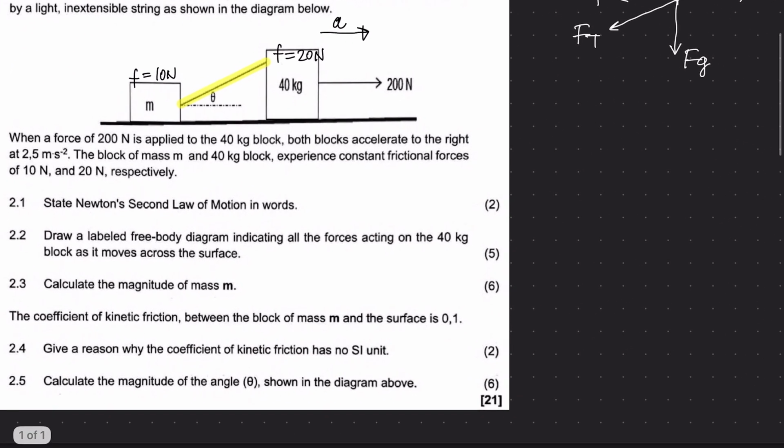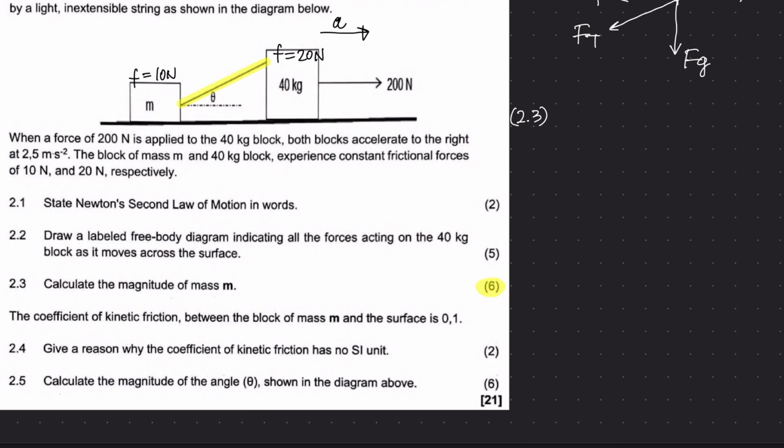Question 2.3, calculate the magnitude of mass m. So okay, if you think about it, look at the mark scheme. It's for 6 marks. So a 6-mark question usually would indicate that you would need to do maybe a simultaneous equation, or maybe multiple calculations.